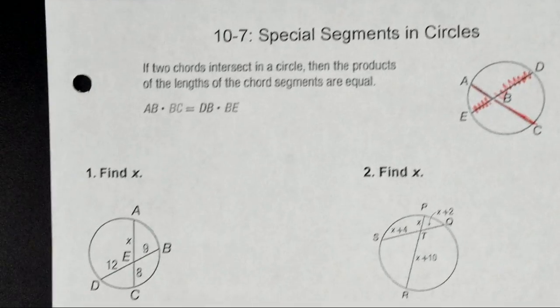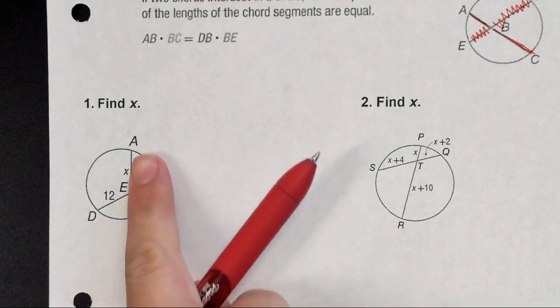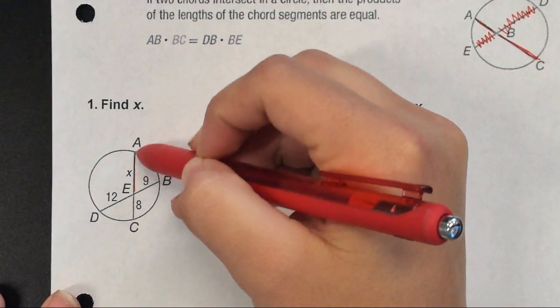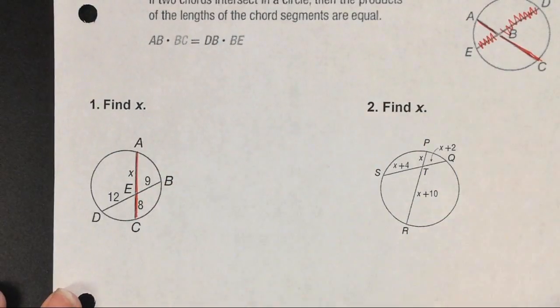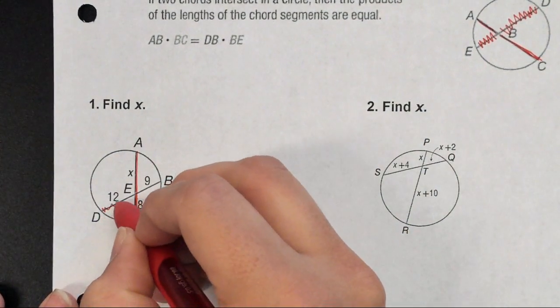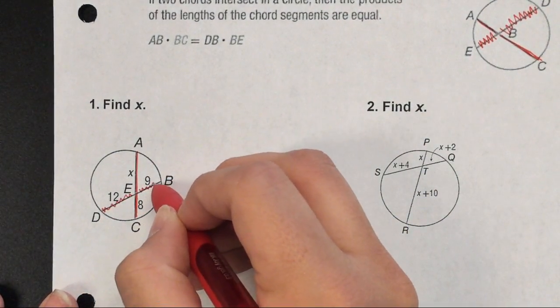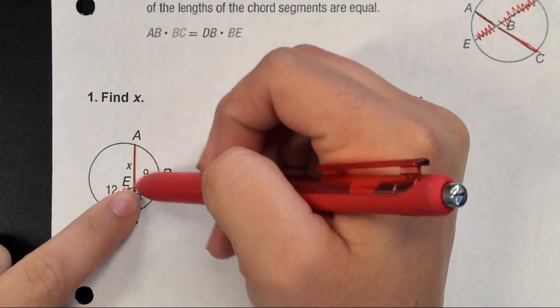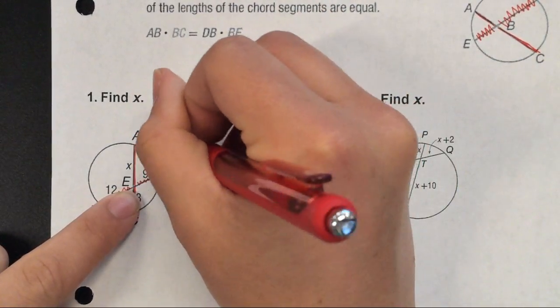So if you look at number 1, I have 2 chords that are crossing each other inside this circle. They're inside, all of it. So this times this is going to equal this times this. So what is this segment right here? X times what?